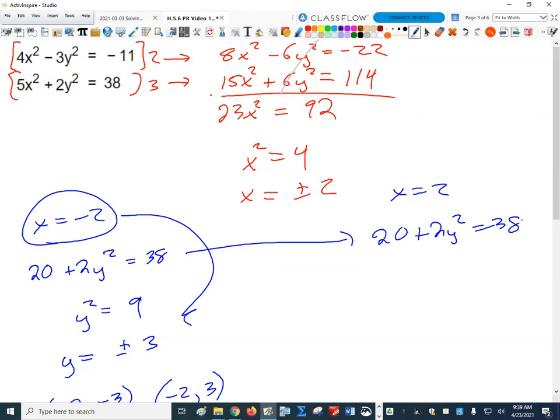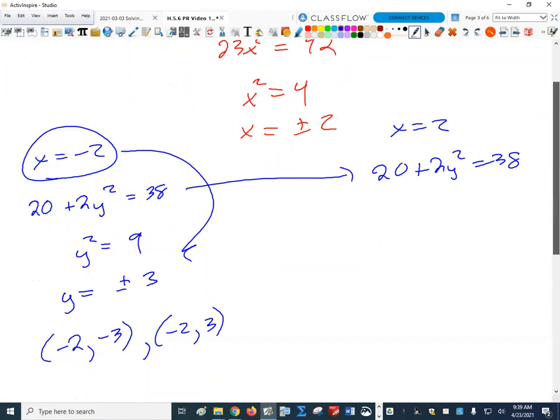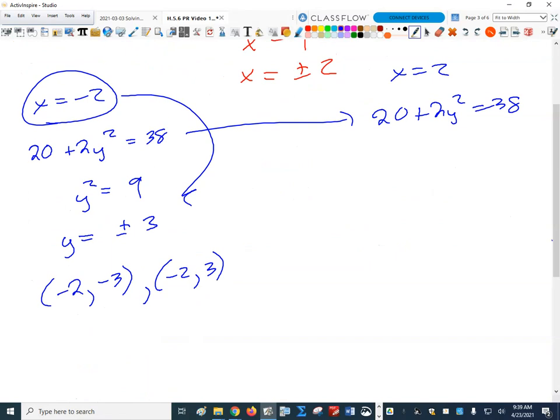So we already know what the outcome is going to be. I'm going to get y is plus or minus 3. So what are the other ordered pairs I get then? And 2, +3, right? Okay, does that make sense?